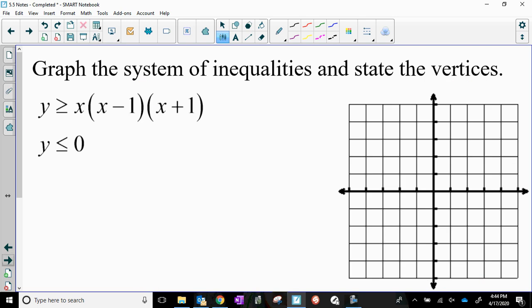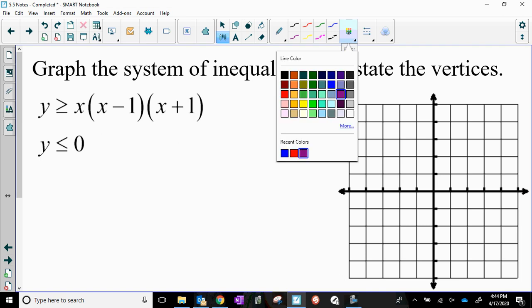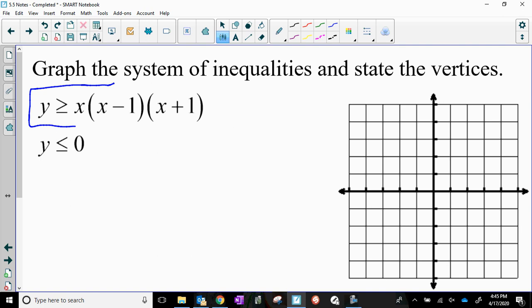All right, got a couple more problems. This one says graph the system of inequalities and state the vertices. So I'm going to graph one of them in blue, one of them in red, and then I'll get the overlapping part in purple. So when I look at this graph right here, this makes me think of our polynomials. It's factored.